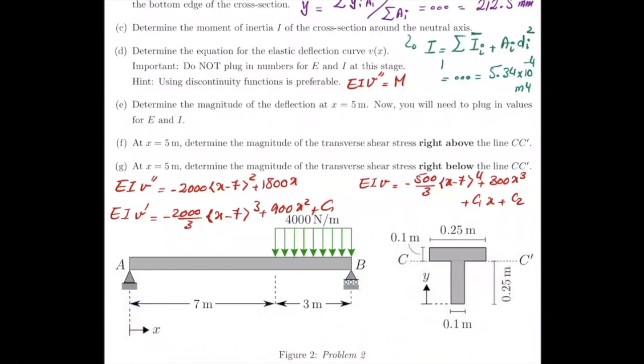Okay, now that you have this, all you need is to use boundary conditions to compute C1 and C2. The boundary conditions are that V at x equals 0, so deflection at x equals 0 is 0, and the deflection at x equals 10, or at the end, is also 0.